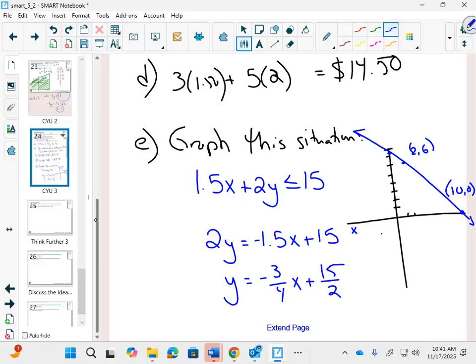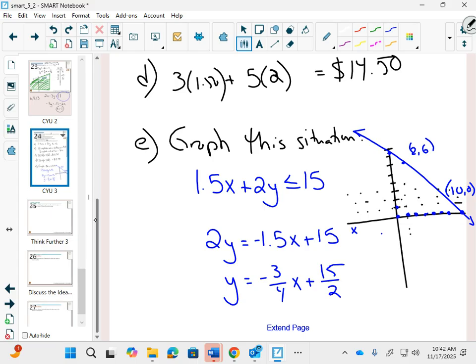Okay? So when we go to graph this, not only do we draw the line, but the only solution is just the dots that would fall, like if I actually drew the grid lines.